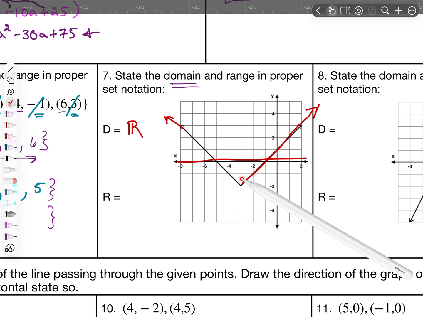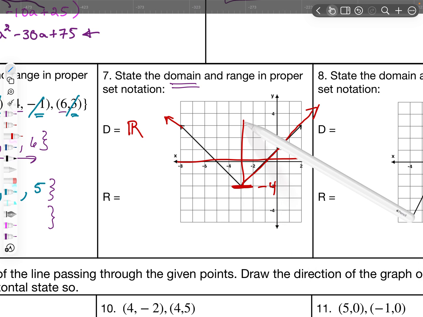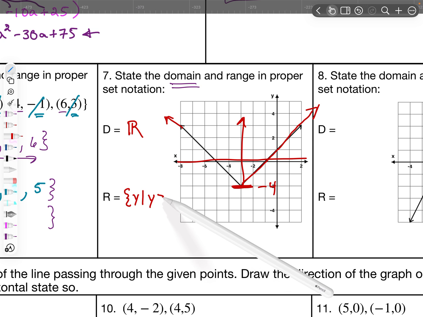And then this graph goes straight up the y-axis, right? It's always got points that have these y values, and it goes up forever. So the lowest point is down here. That's my low point, and it goes up forever. So we say it's all of the y's, where y is, in this case, greater than or equal to that low number.